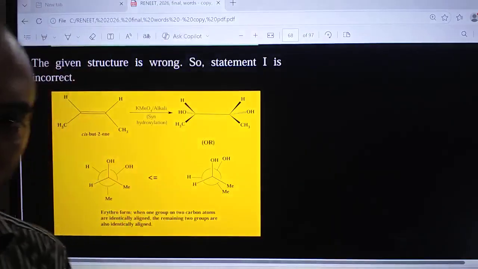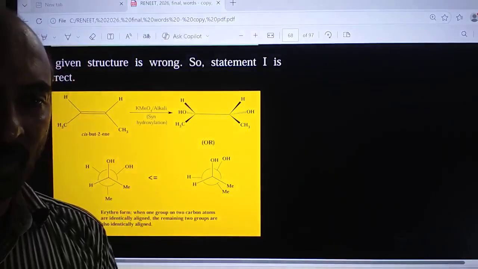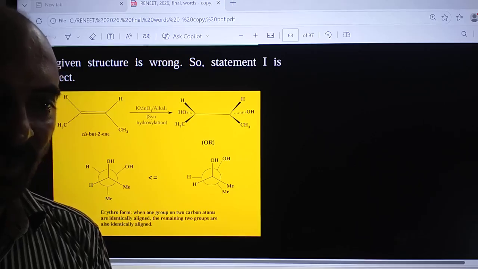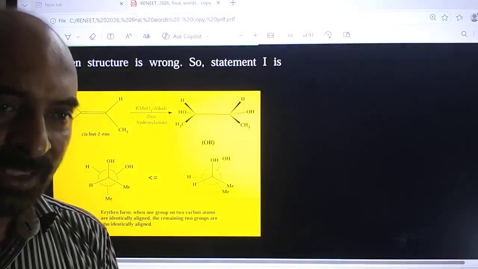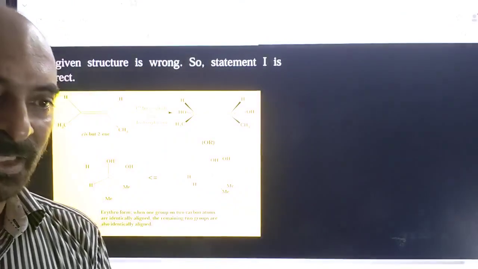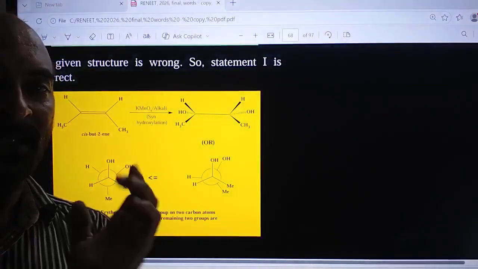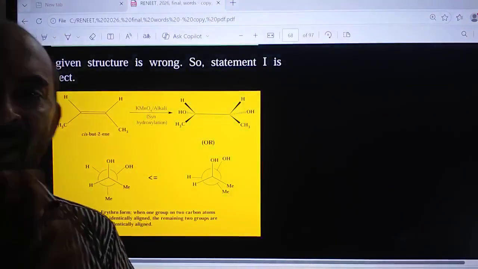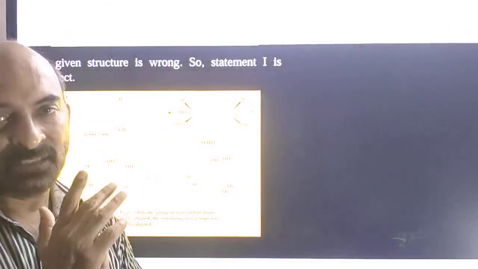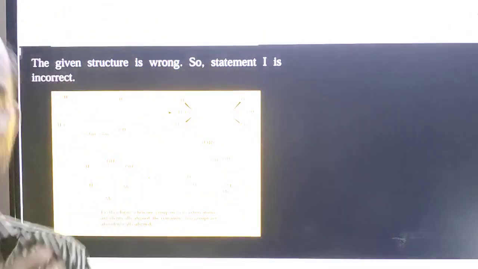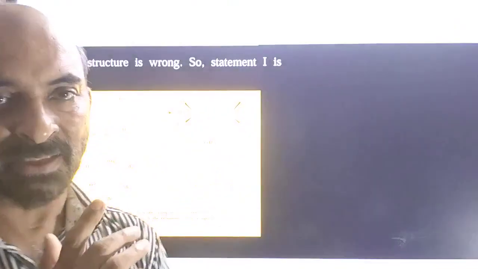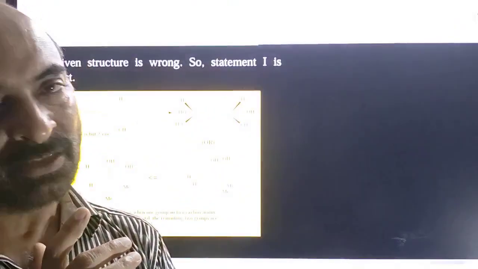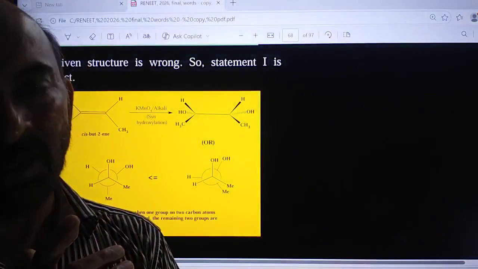So it is erythro. Actually we expect erythro because it is cis versus syn. Cis versus syn is erythro. The given structure is erythro. The second statement is correct. So we got the answer. The first statement is wrong. The second statement is correct. That is the answer for this question.